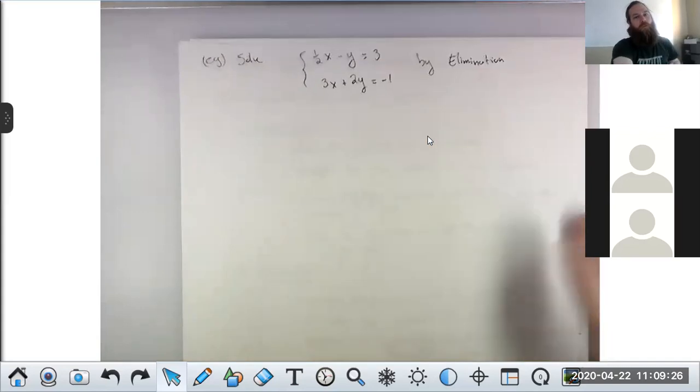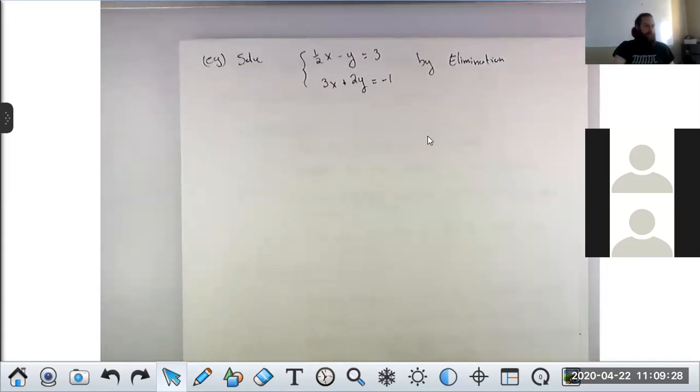So I'm choosing these numbers so that this example is not quite as easy as the example we did last time. Here we will have to deal with some fractions as we go through this, but it's still the same sort of thing.